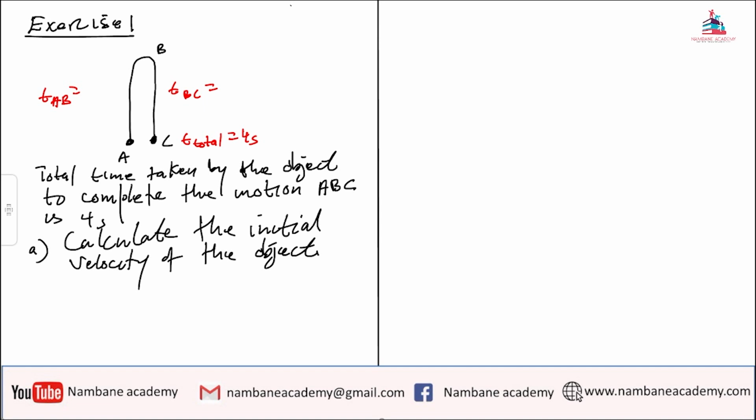Now we are told that T total is now 4 seconds. What is the value of TAB? So it's 2 seconds. 2 seconds. BC?